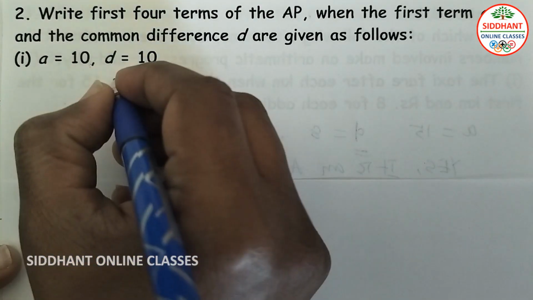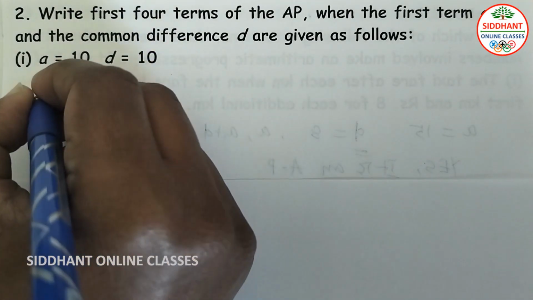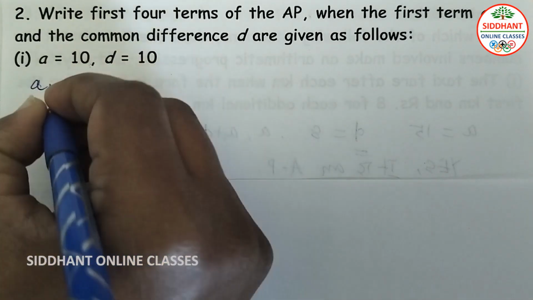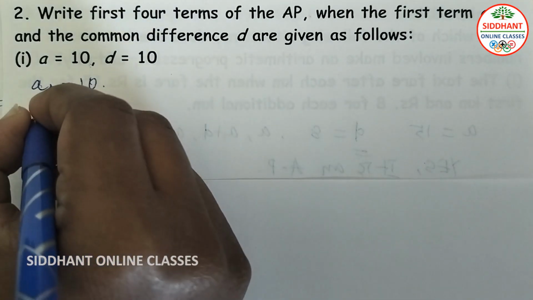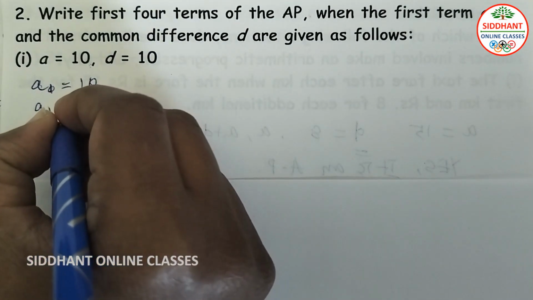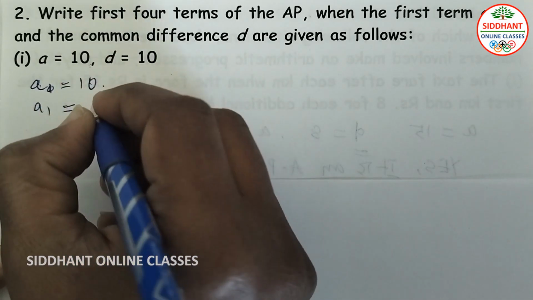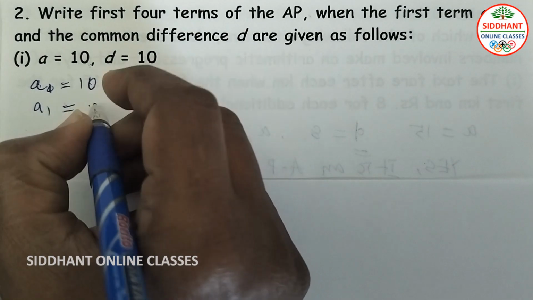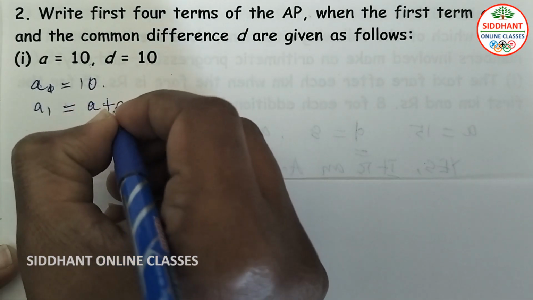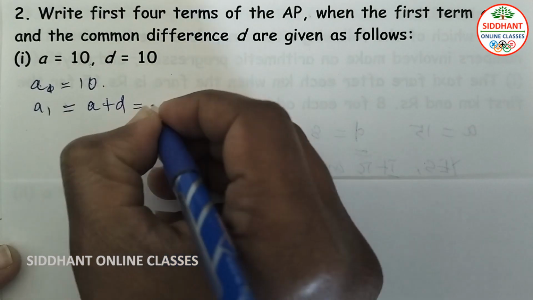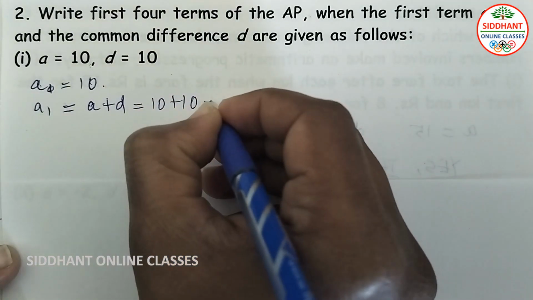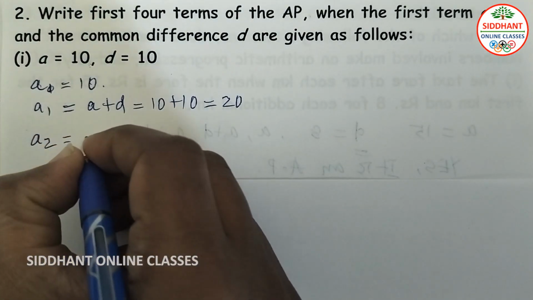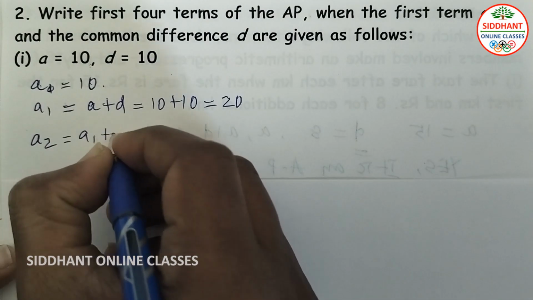So here when A is 10, D is 10, the first term A1 will be A plus D, that equal to 10 plus 10, which is equal to 20 here.